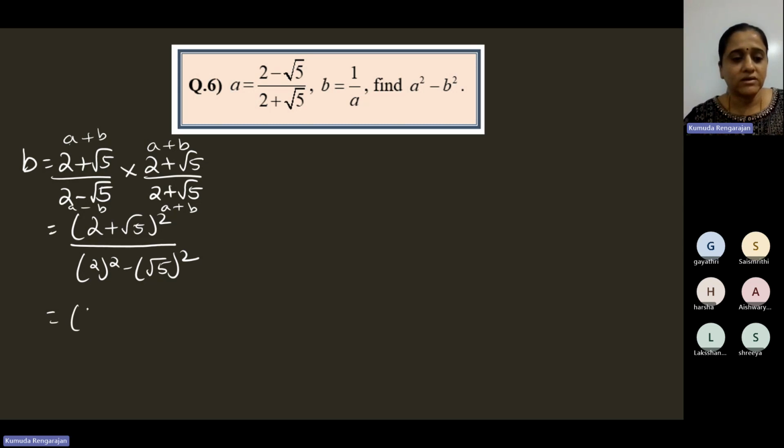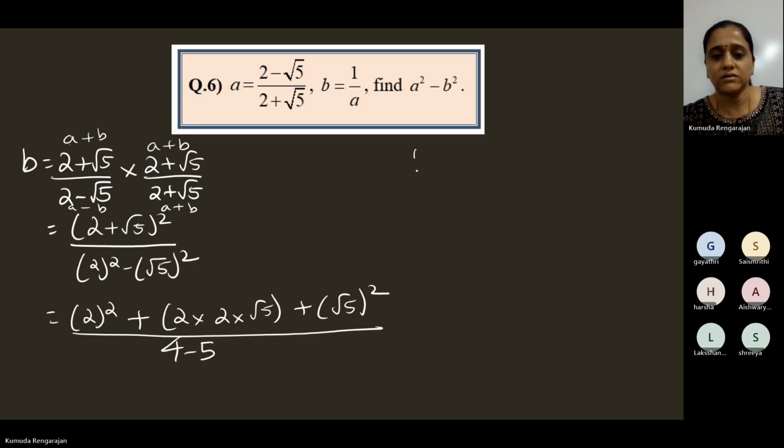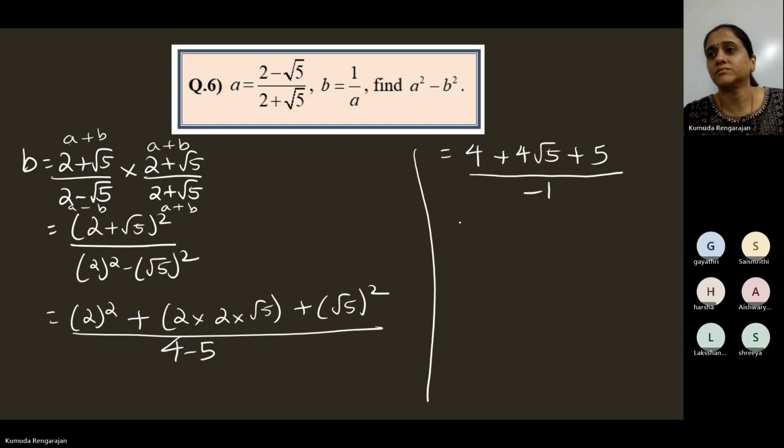So A square plus 2AB, 2 into root 5, plus B square, divided by 4 minus 5. So 2 square is 4 plus 4 root 5 plus 5, divided by again minus 1. So 4 plus 5 is 9, 9 plus 4 root 5.